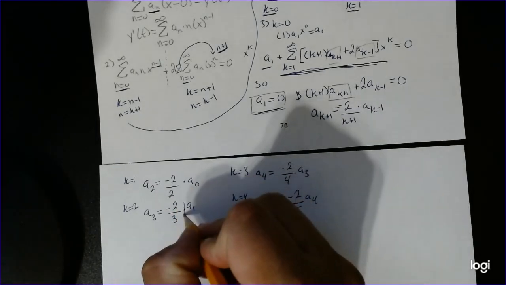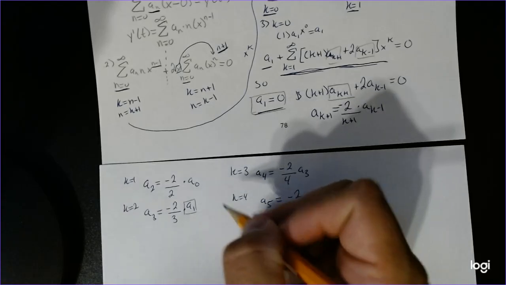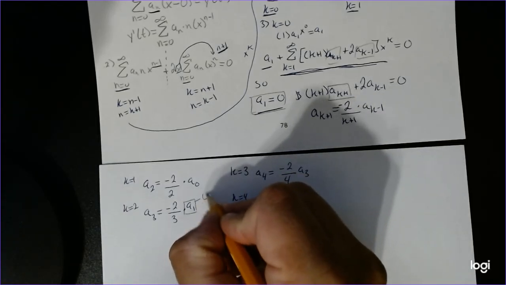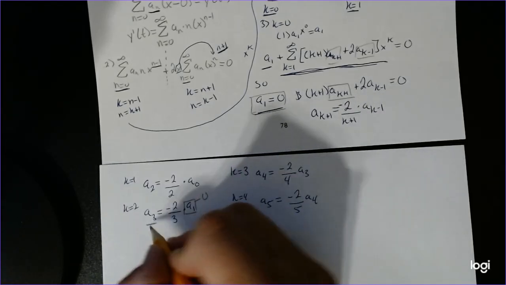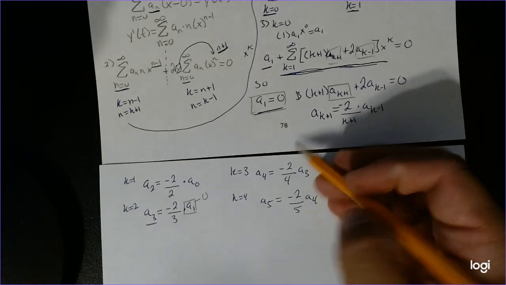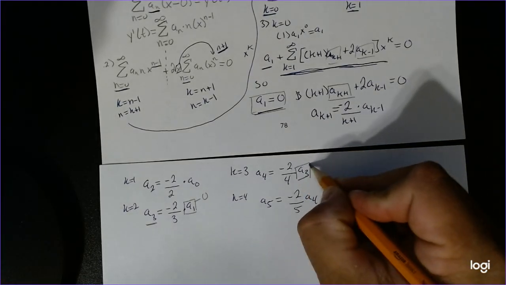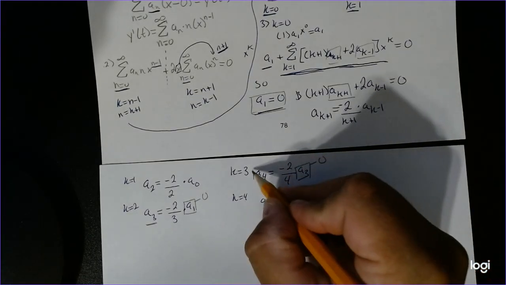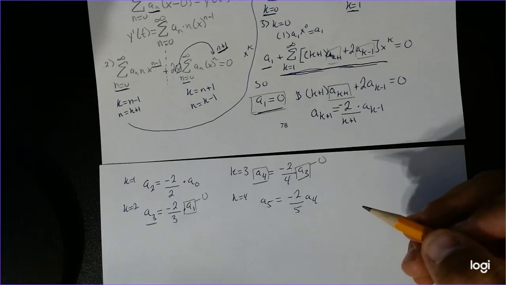So that's here. This is 0. So therefore a3 is 0, which is right here, which means a4 is 0. Well, isn't this interesting?